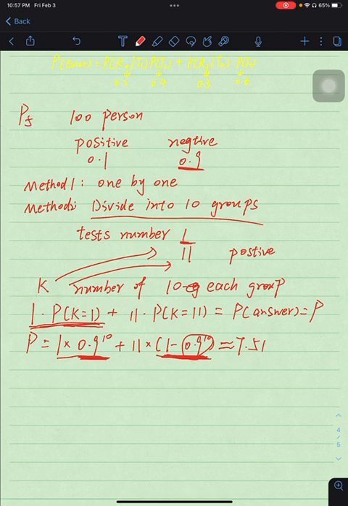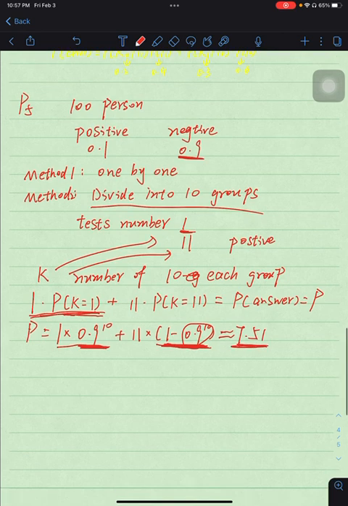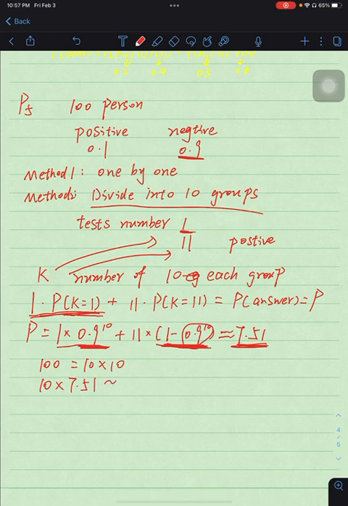So for 100 people, this is only one group, right? If we want to know 10 groups, because one group is 10% and we have 100%, 10 out of 10. So the average number of tests is approximately, maybe we can reach 76 or 74 or 75.